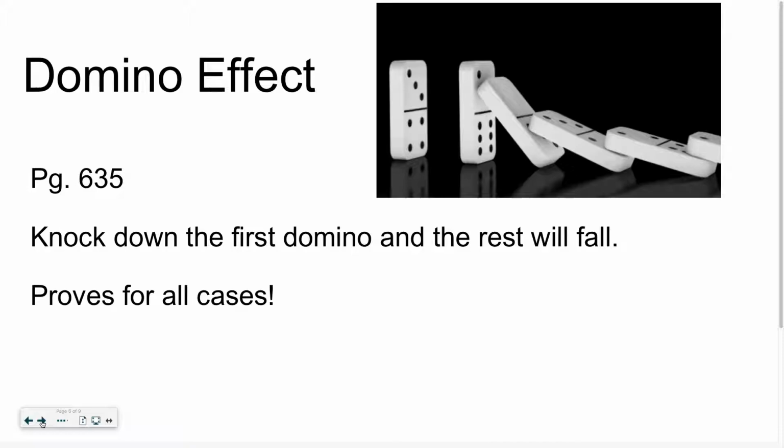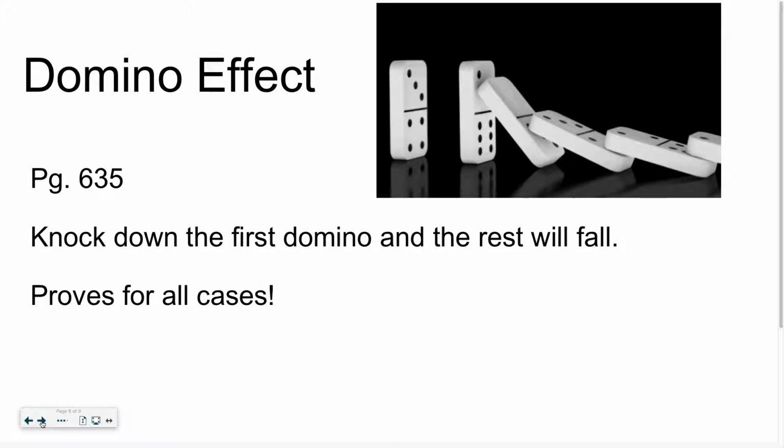But basically, mathematical induction is like dominoes. First, you have to knock over the first domino. You have to make sure it's true in case number 1. If the first domino doesn't fall, the dominoes don't go. Okay. Then your job is to prove that P sub K implies the truth of P sub K plus 1, and it doesn't matter what K is.